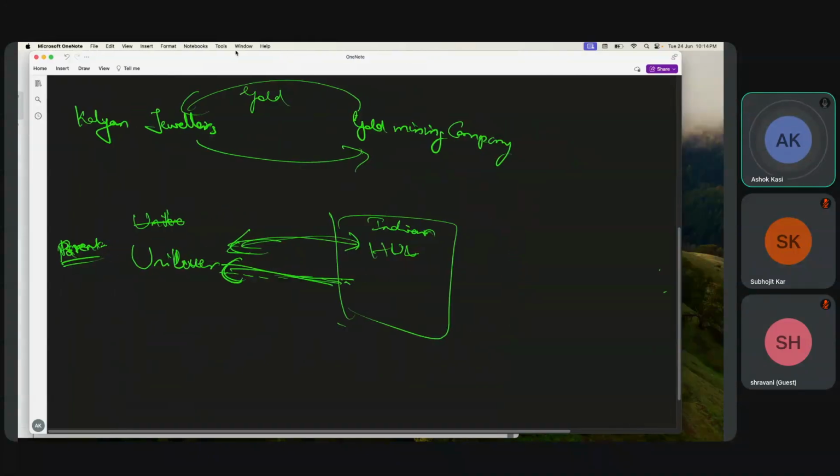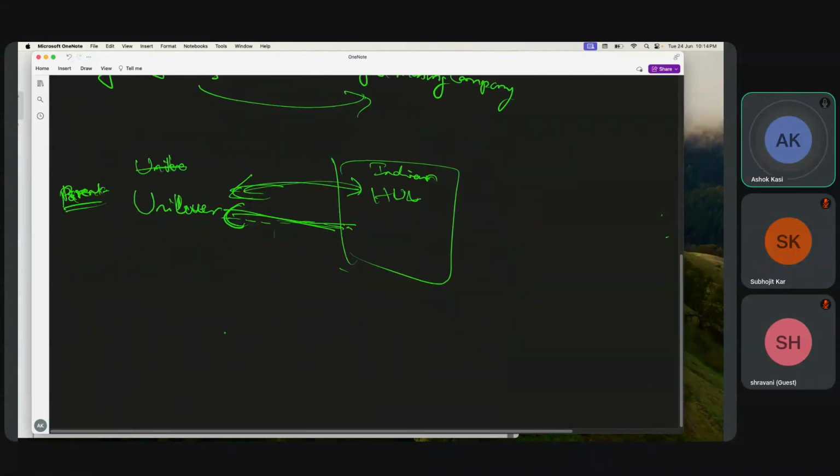Similarly, another example coming to my mind, Tata Motors. Tata Motors is an Indian company, but they have Jaguar and Land Rover. They bought both the companies.